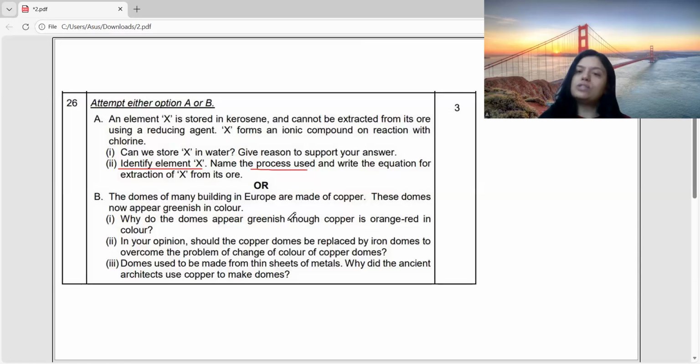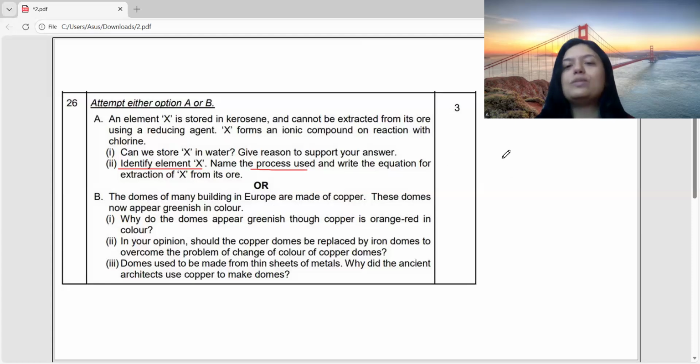Process used means when we have a very highly reactive element, we can extract them using the electrolytic reduction method. Since we're talking about sodium, we can use the molten sodium chloride. We can extract sodium from the molten sodium chloride using electrolytic reduction method. Write the equation for the extraction of metal.